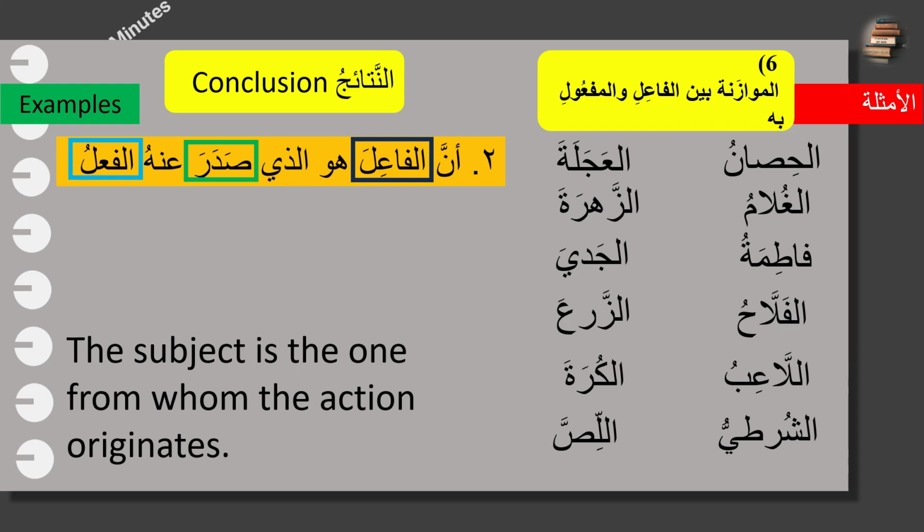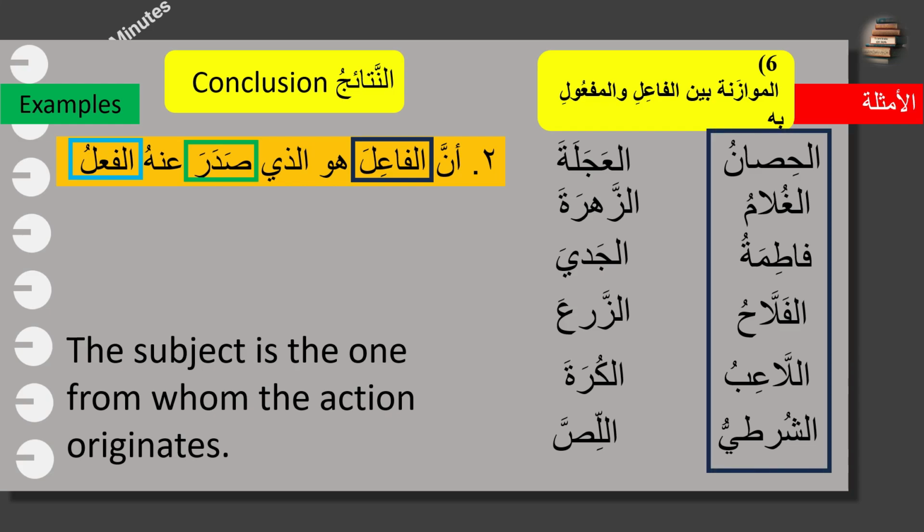Okay, so if you really look now, I'm sure you understand, but let me just quickly go through. This is the fa'il. الحصان is a fa'il. الغلام is a fa'il. فاطمة is a fa'il. So الحصان is the one that did the pulling. الغلام is the one that did the picking. فاطمة is the one that did the tying. الفلاح is the one that did the watering.